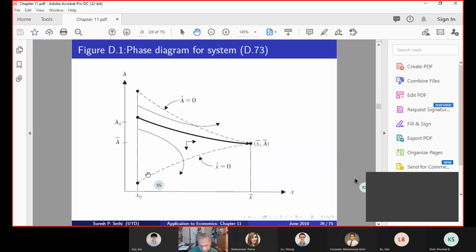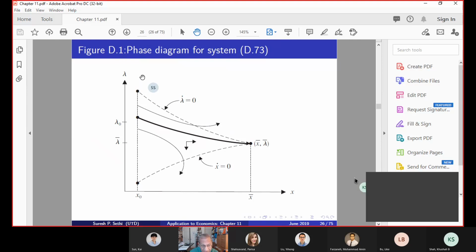So here's what's going on. Here is the point x bar lambda bar. And here is x dot equal to 0. And here's the lambda dot equal to 0. And they intersect here. And here is a straight line going up at x0.